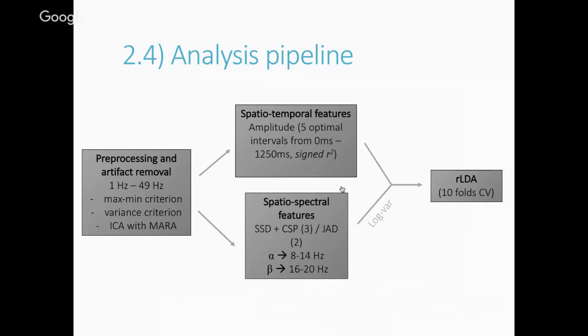Considering the pipeline, after preliminary filtering and rejecting the ocular movements, the muscle movements, and loose electrodes, I've used a multimodal approach again, considering the spatial temporal features with the amplitude, considering 5 optimal intervals with highest discrimination.